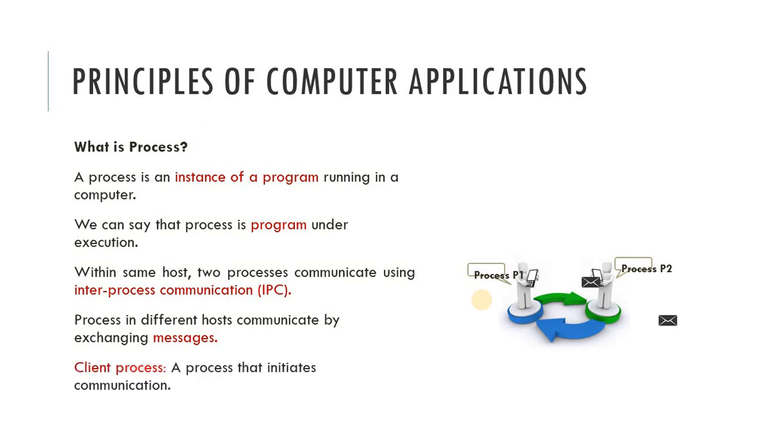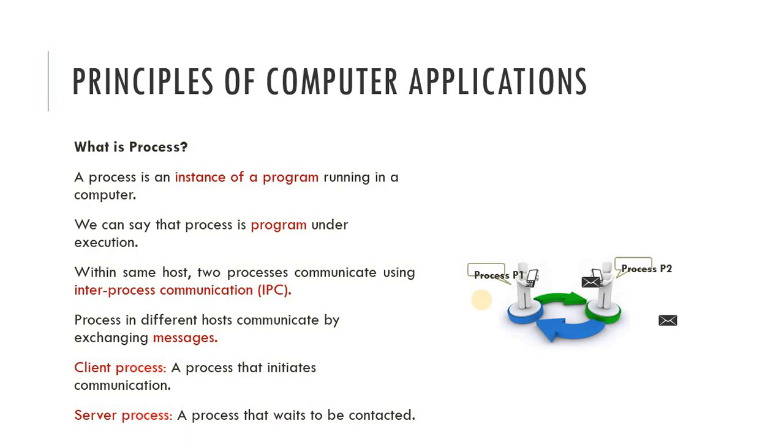First is the client process. So what is the client process? A process that initiates the communication is called the client process, and the process that waits to be contacted is called the server process. So mainly there are two processes, client and server.